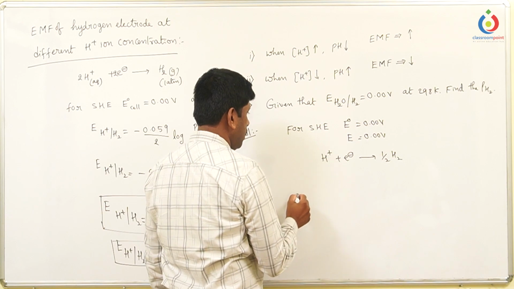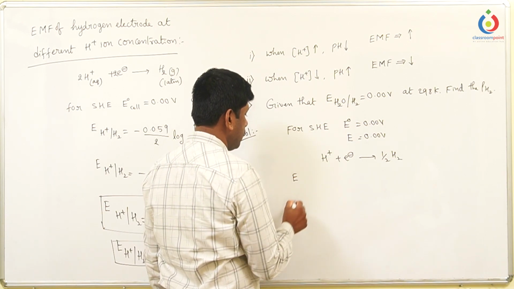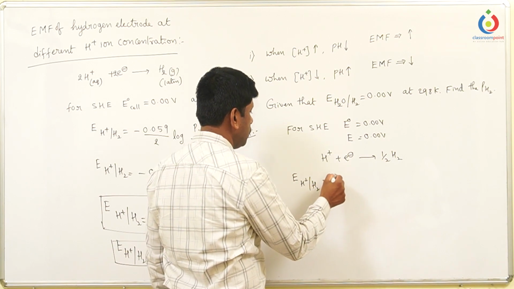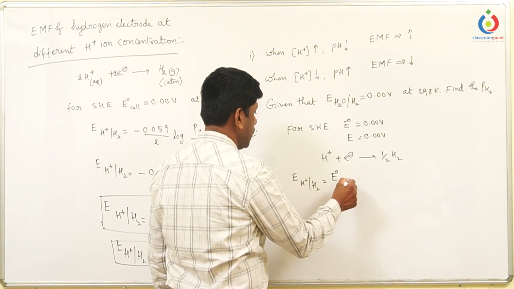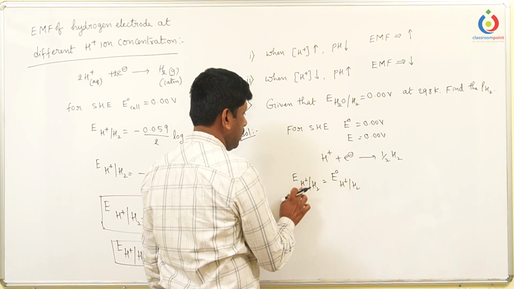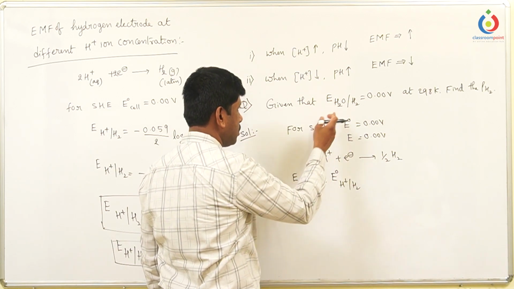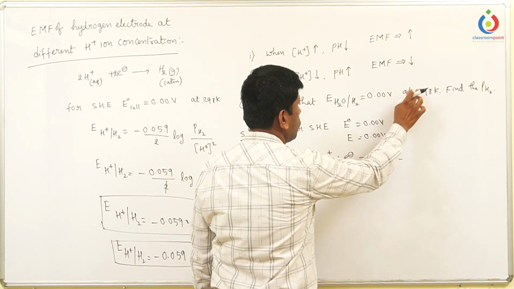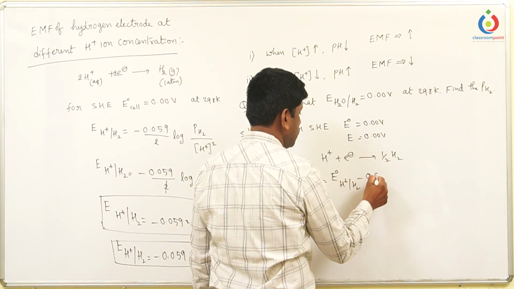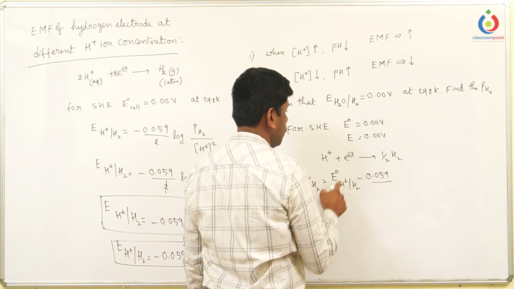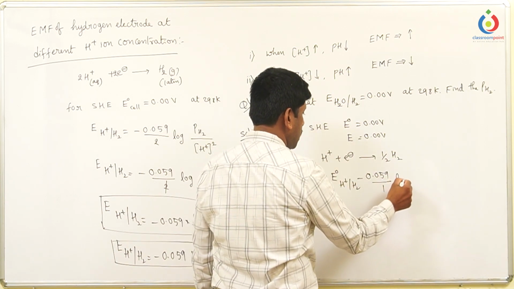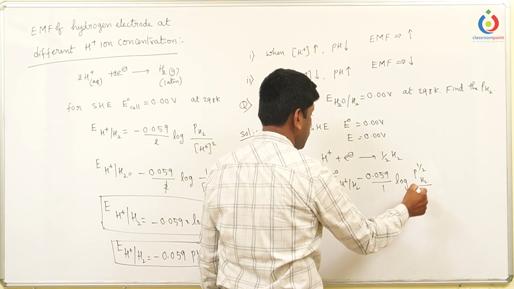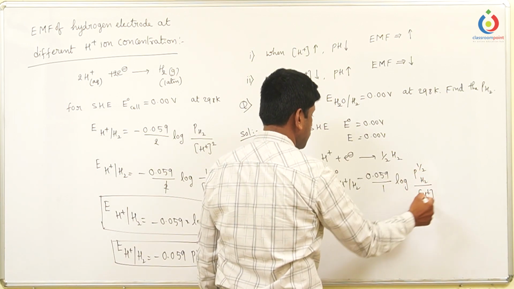Both E and E0 values are 0. So now I am applying E of H plus by H2 is equal to E0 of H plus by H2 minus, at 298 kelvins, 0.059 by 1, since only one electron is involved, into log of partial pressure of hydrogen to the power half divided by concentration of H plus ion.